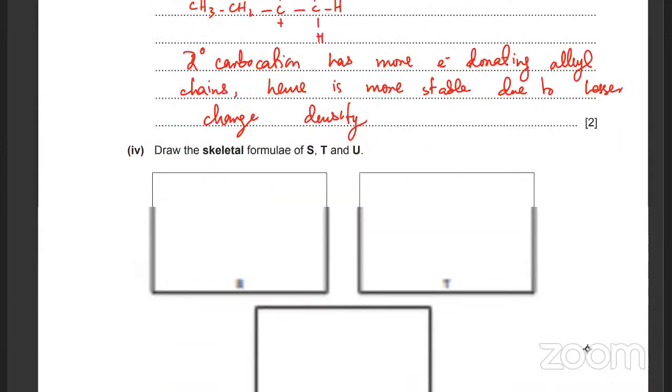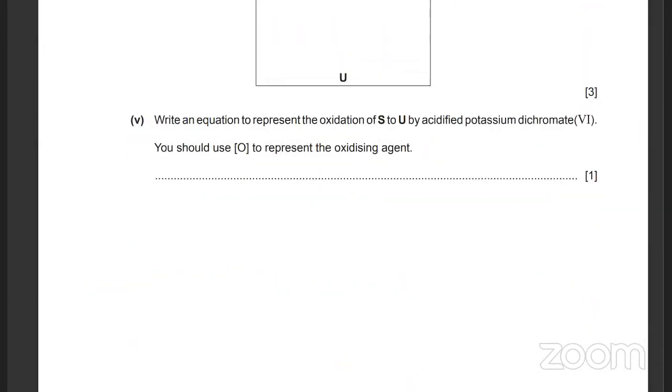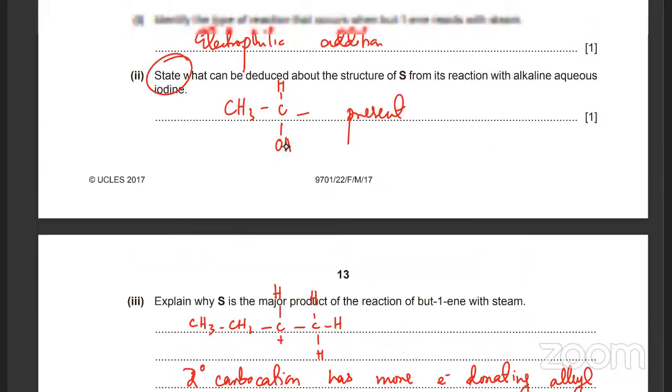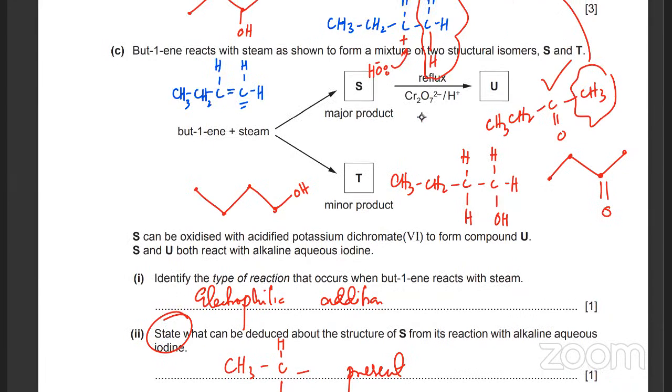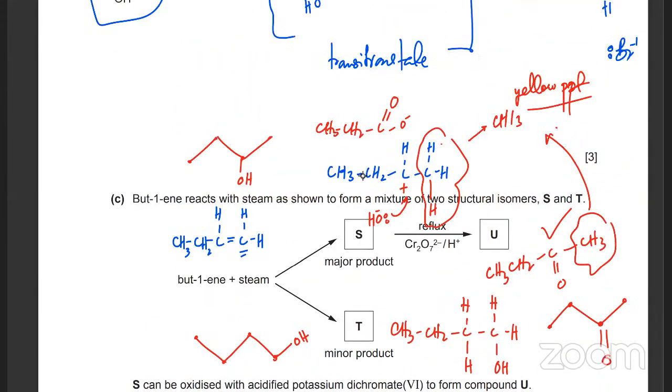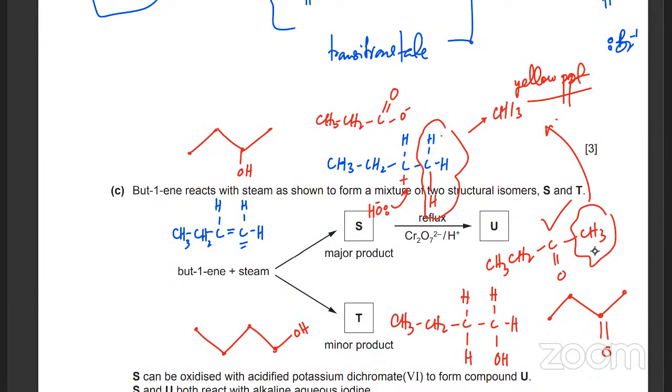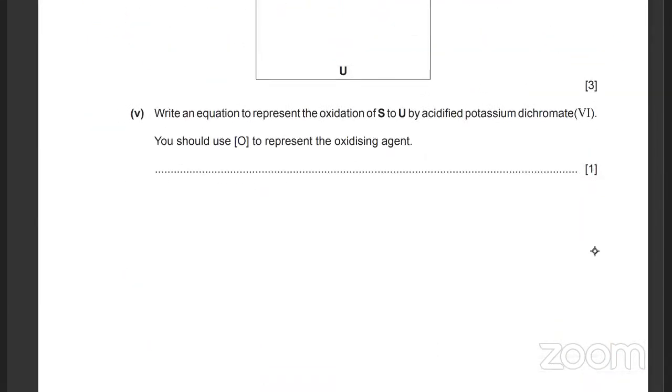So that's it, except for S to U with acidified dichromate. You should use O to represent the oxidizing agent. So they're asking you to write an equation for this one, S to U. So S is CH3CH2. It's a secondary alcohol and it's turning into a ketone. So we're going to write an equation for that.